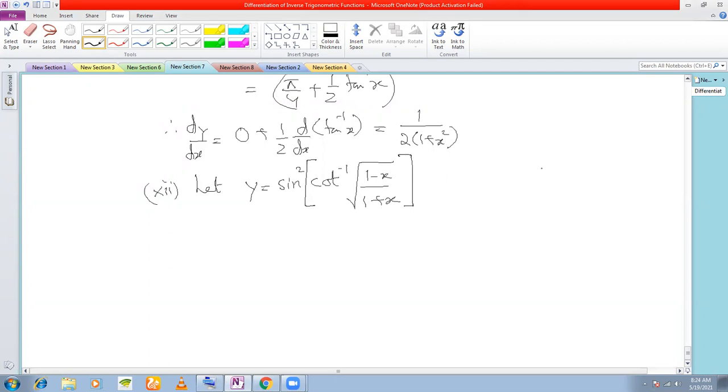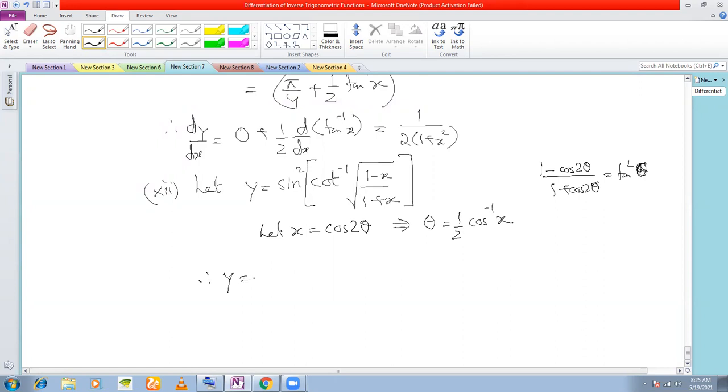This looks like 1 minus cos 2 theta by 1 plus cos 2 theta, isn't it? Which you know is equal to tan square theta. So let's put x is equal to cos 2 theta. That means theta will be half cos inverse x.